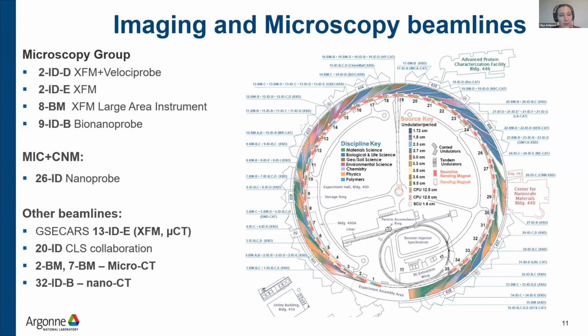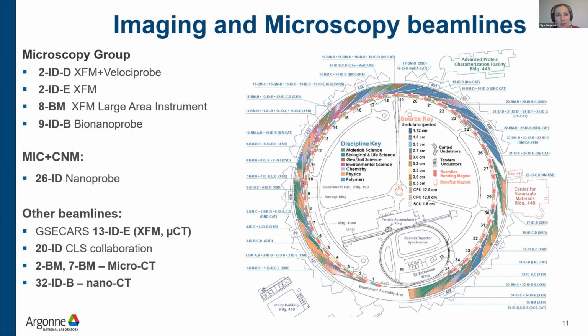We have the nanoprobe, and we have 13-ID-E with X-ray fluorescence microscopy, XRD, and micro-CT, as well as 20-ID with XRF and full-field CT imaging beamlines in the imaging group.